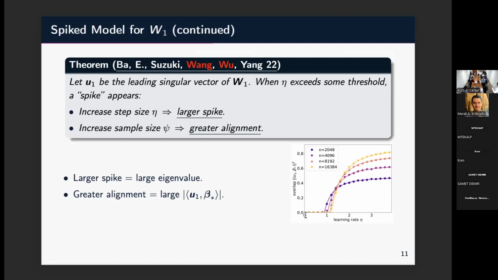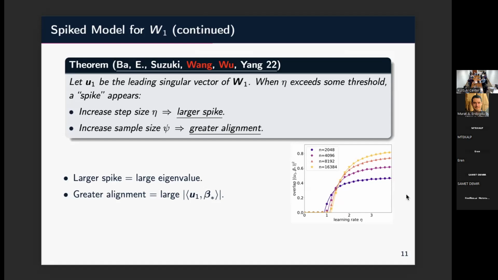So you start increasing your learning rate a bit, and then at some point there is a phase transition where you're now able to detect the signal. Now you have a non-trivial overlap, and as you increase the learning rate, the overlap keeps increasing.